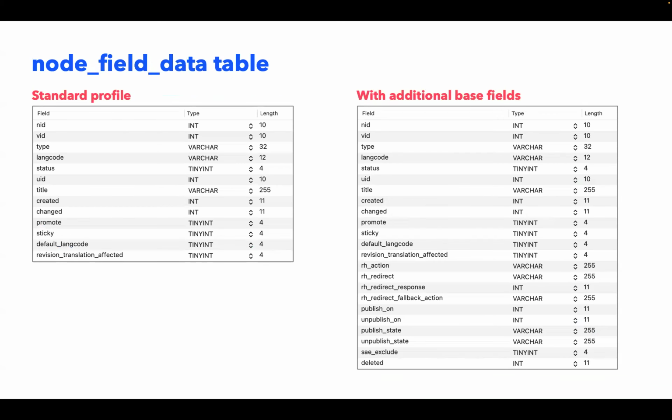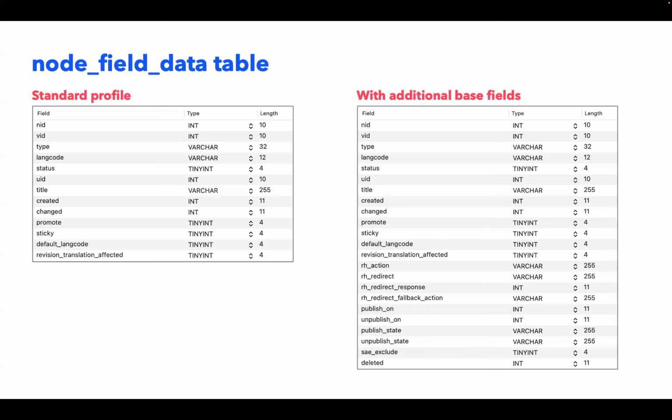So here we are taking a look at the node field data table, which is the main place that data is stored for nodes in a Drupal website. On the left is the standard profile. If you did just a fresh install using the standard profile, you can see which tables are available.